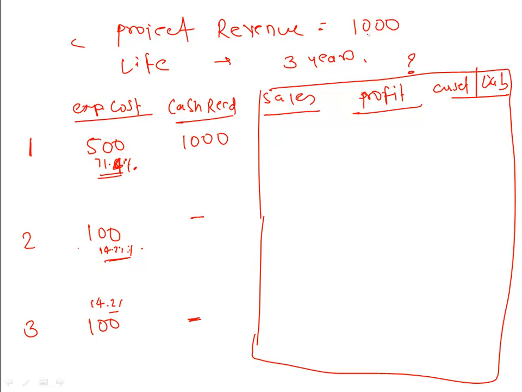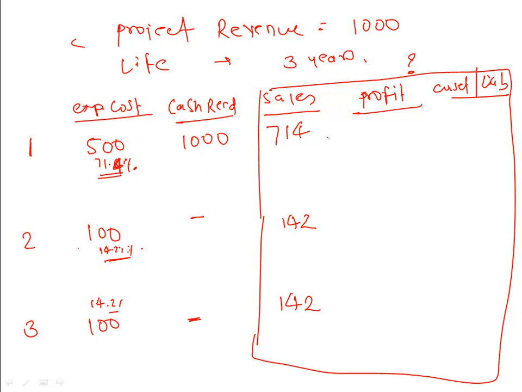Your total revenue is 1000, so you want to recognize 71.4% of 1000 in year 1. That means you would recognize 714. You would recognize how much here? 142, and you would recognize 142. Is it okay? Yes, you are simply multiplying with percentages.